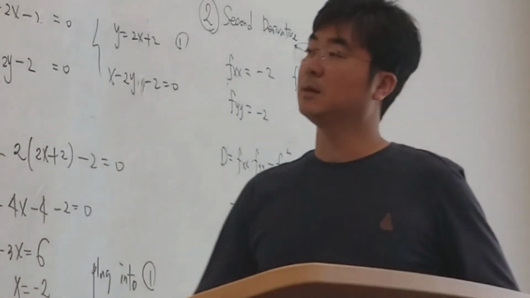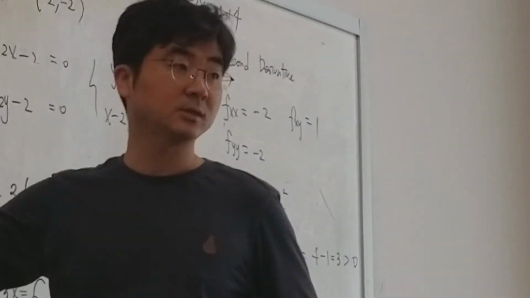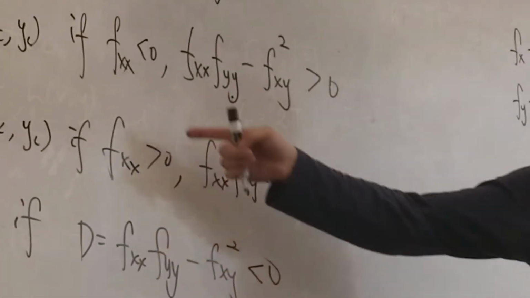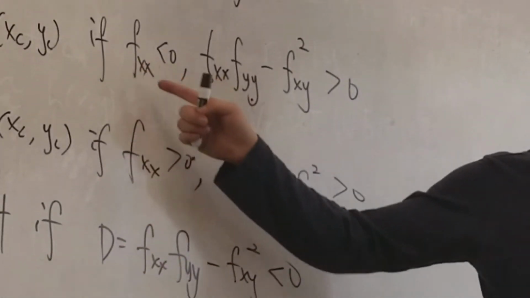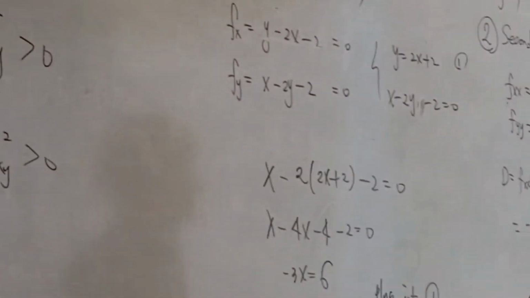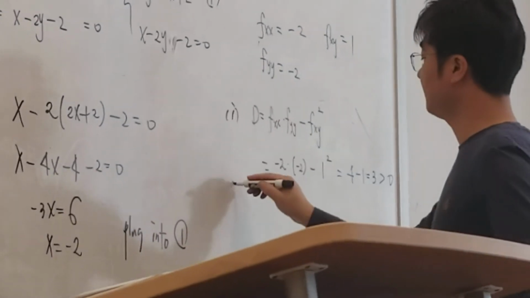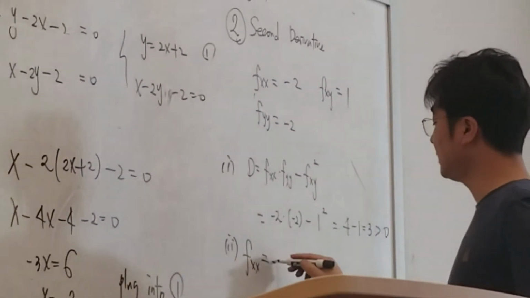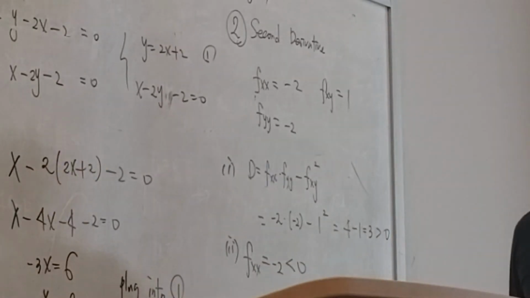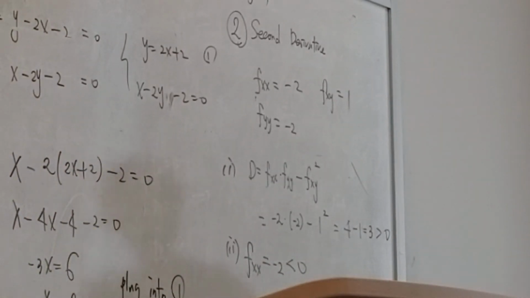So what I did, I checked that this is positive. Then it should be a local minimum or local maximum, depending on your f_xx. We know f_xx, no matter what, is minus 2, negative, right? So look at that.